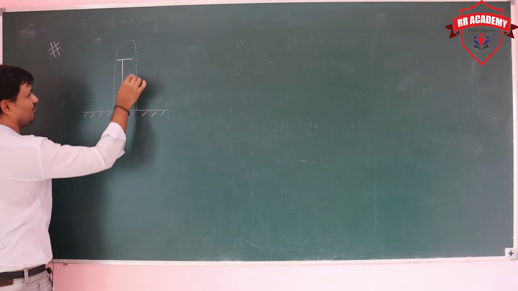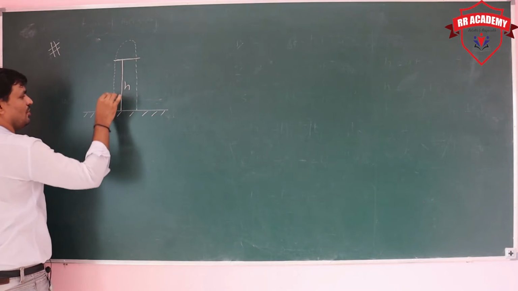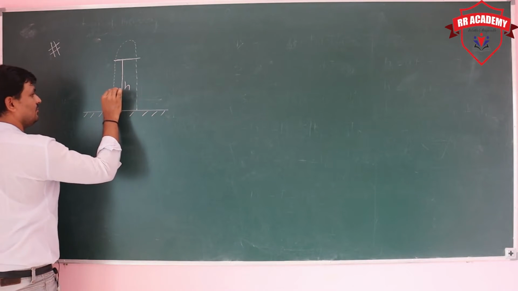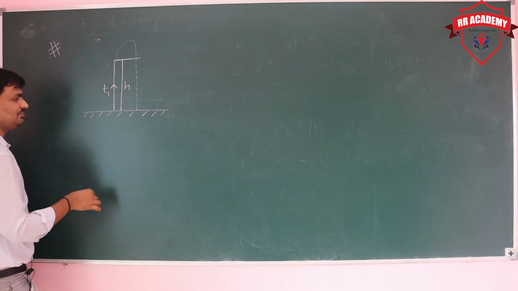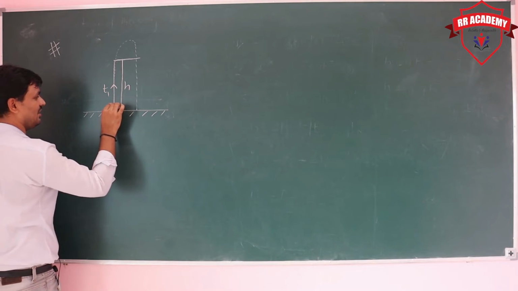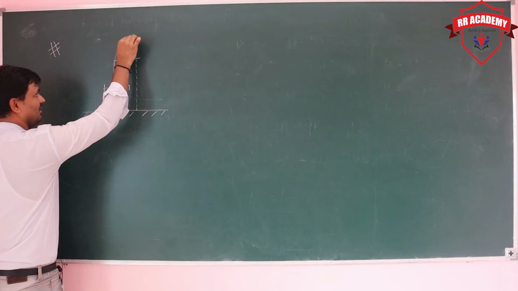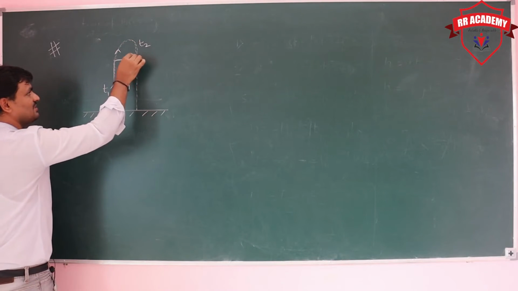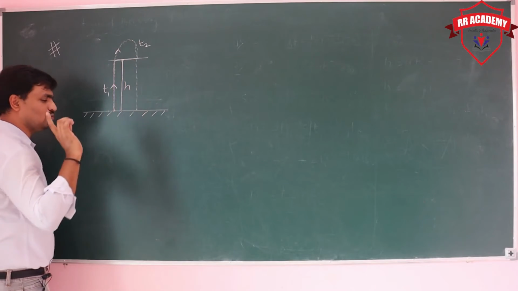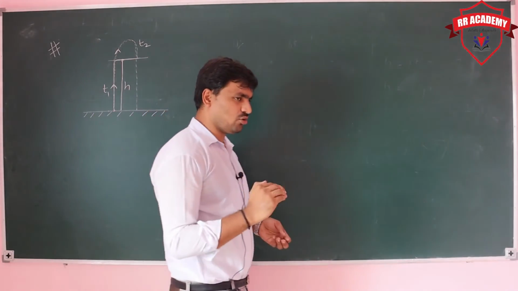In the interval of t1 and t2 means from here to here they mention the time as t1, and from here to here they mention the time as t2. This means the same height it can cross two times.